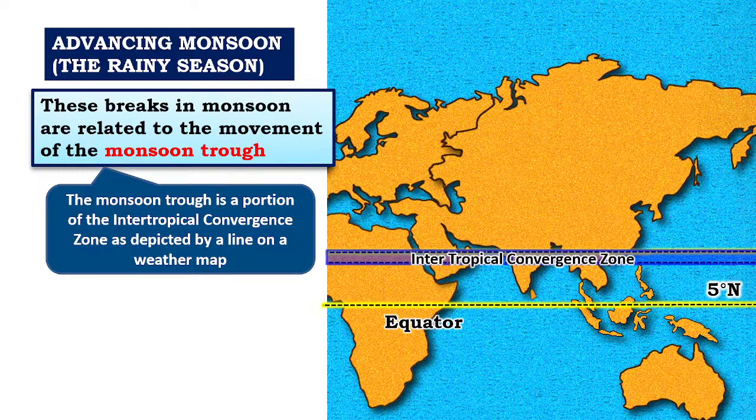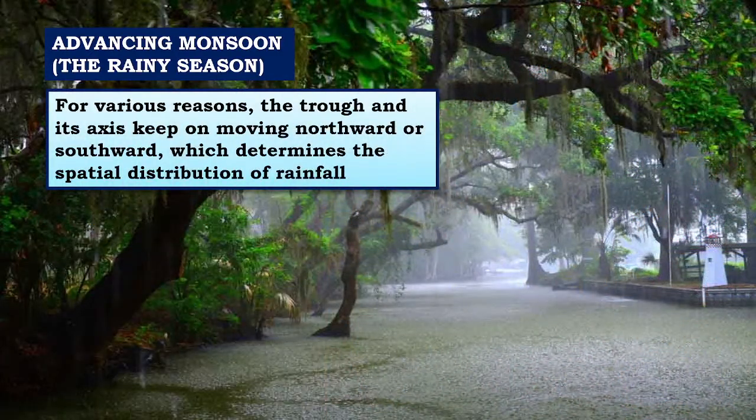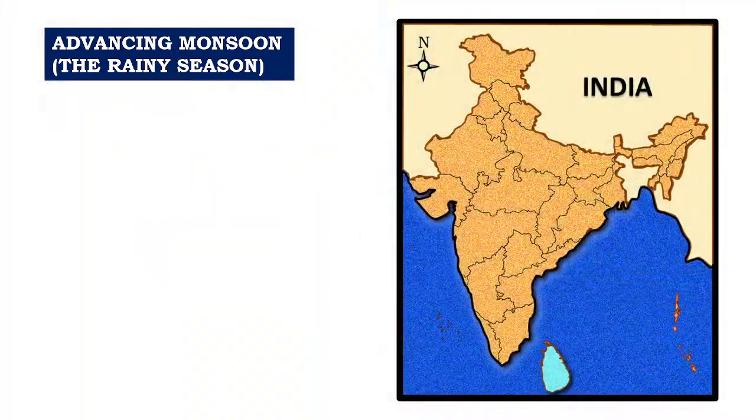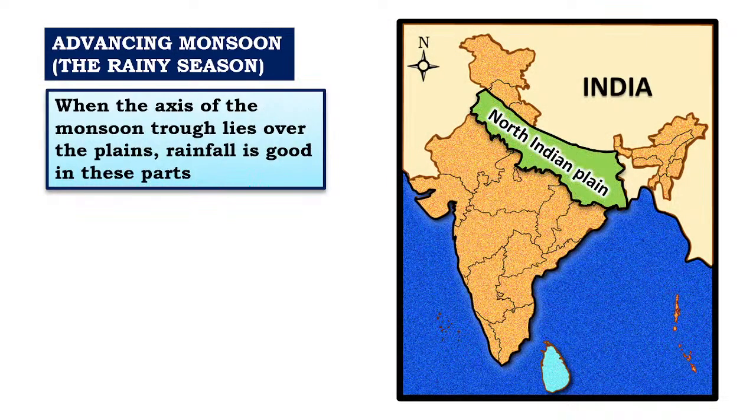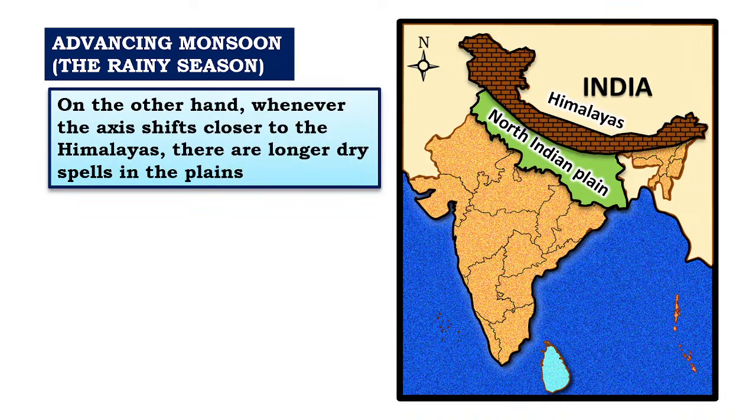Look at this now. The trough and the axis keep on moving northward and southward, which determines the spatial distribution. The ITCZ goes up and down. That's it. This is the northern plain, and this is the Himalayas. The Himalayas block the rain also. We are so lucky that the Himalayas are doing our job.